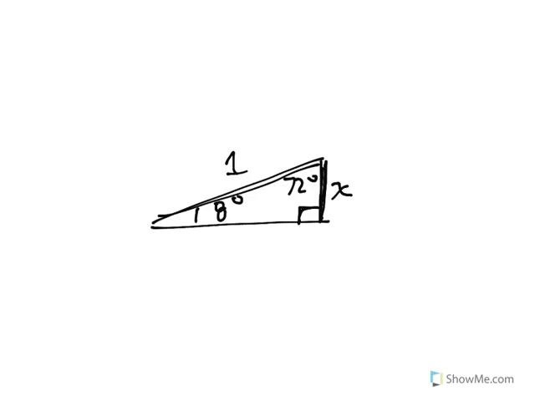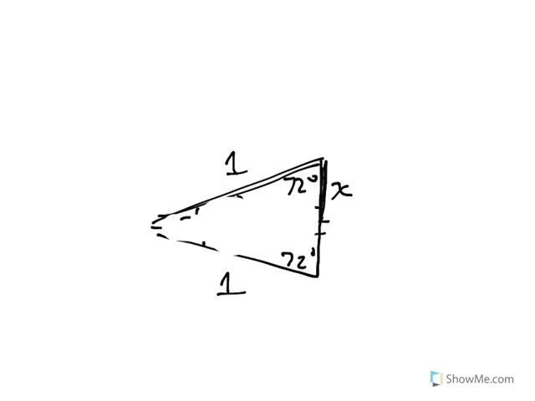And the trick to this question is to draw a second 18, 72, 90 triangle. And then if I erase this line in the middle, I end up with an isosceles triangle that's known as the 36, 72, 72 isosceles triangle.